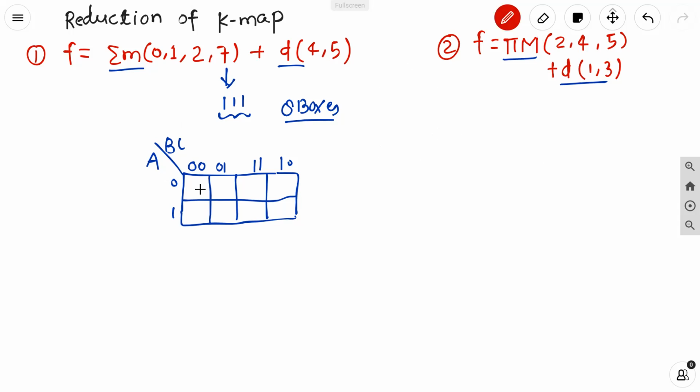So we have 0, put 1; 1, 1; 2, 1; and 7, 1. Now we cannot put 0 at all the rest of the terms. We have to put don't care.